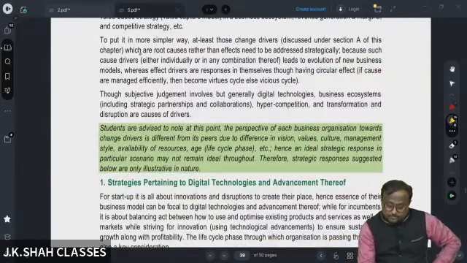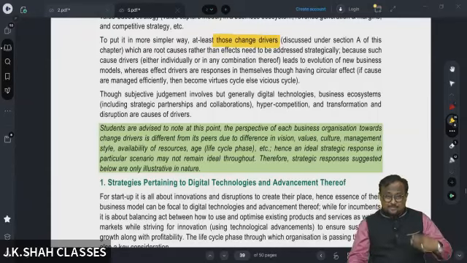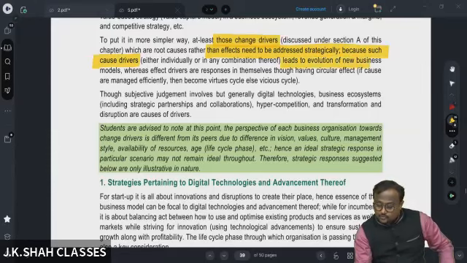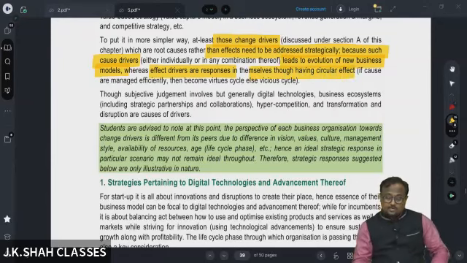Okay, to put it in a simpler way, at least those change drivers, that means those facts or elements which change the entire scenario of the business, need to be addressed strategically, because such cost drivers lead to the evolution of new business models, whereas effect drivers are responses in themselves through having a circular effect.